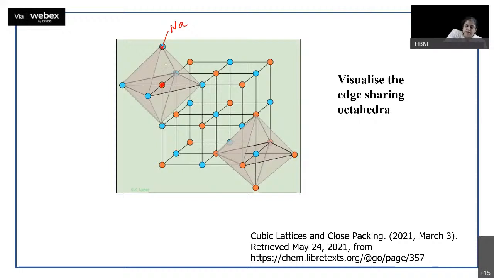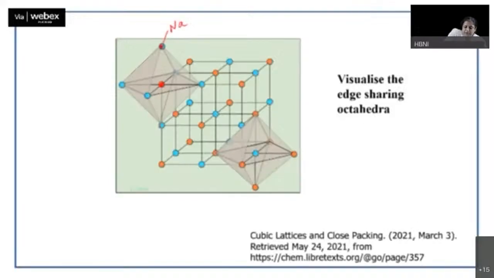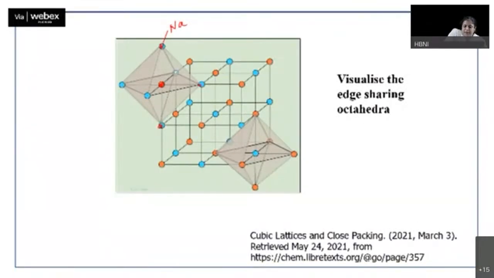This chlorine is surrounded by one sodium at the top, one sodium at the edge center, one sodium at this edge center, this edge center, this edge center, and this edge center of the unit cell which would lie in the front. That means each chlorine is surrounded by 6 Na. Now assume this edge. Okay. Now this edge will also contribute the octahedra which is formed around this particular chlorine.